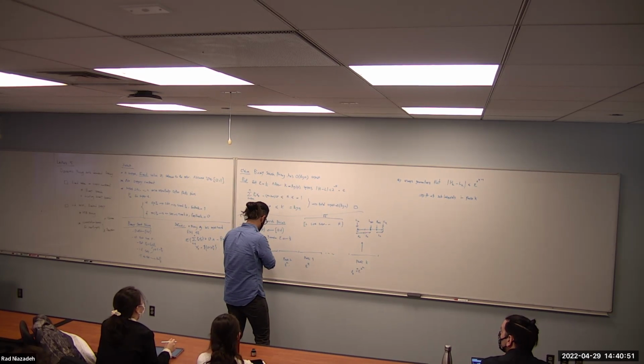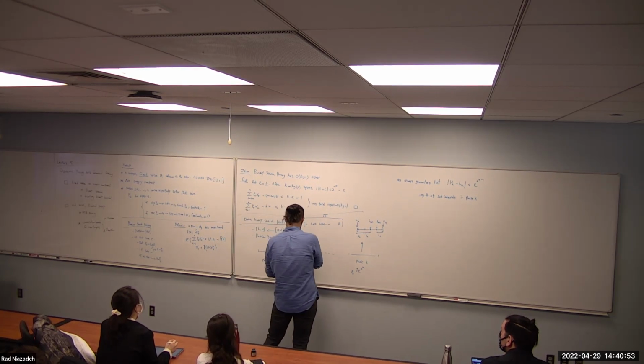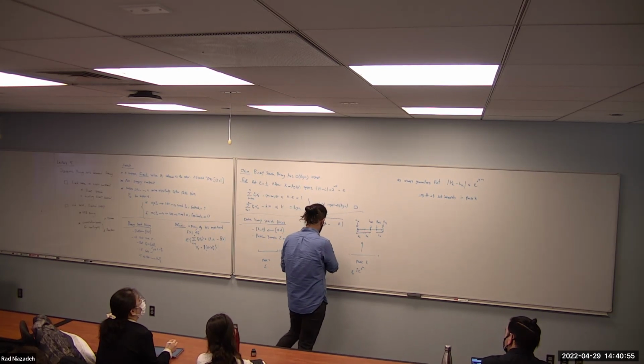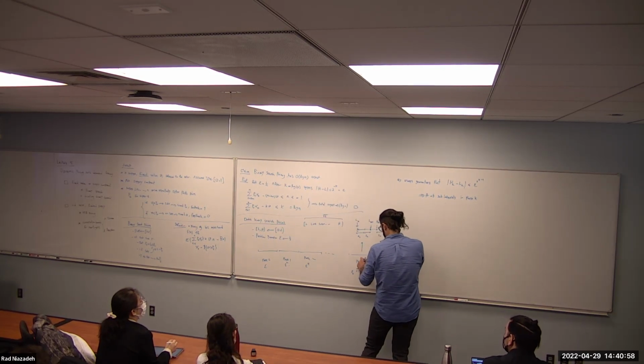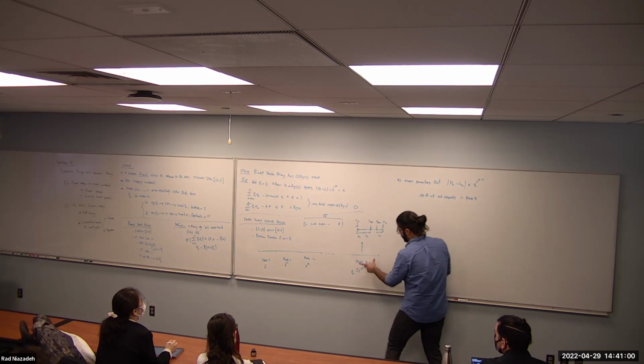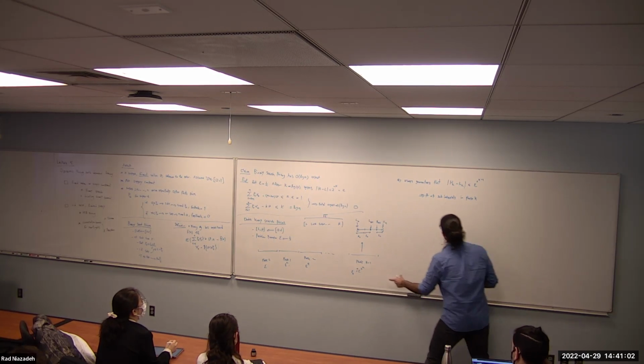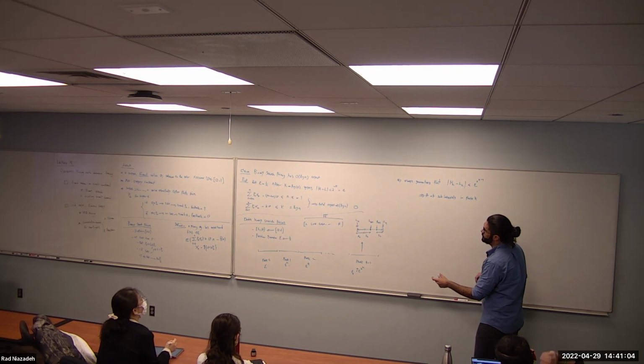Phase 0 has length 1, phase 1 has length of... All I need is that the epsilon used in this phase should be the square of the length of the interval.